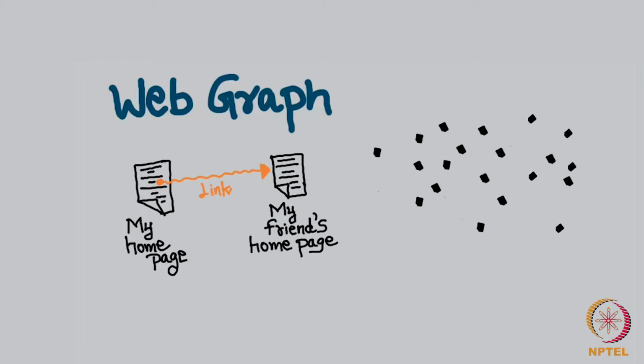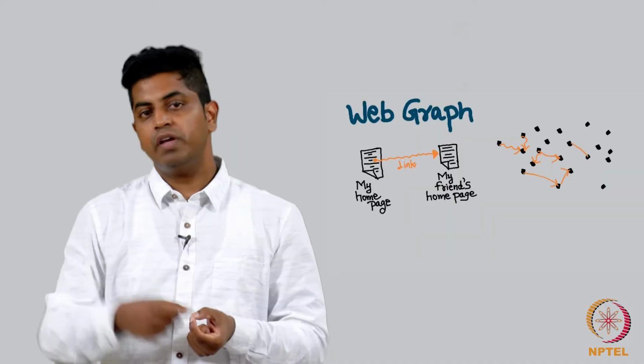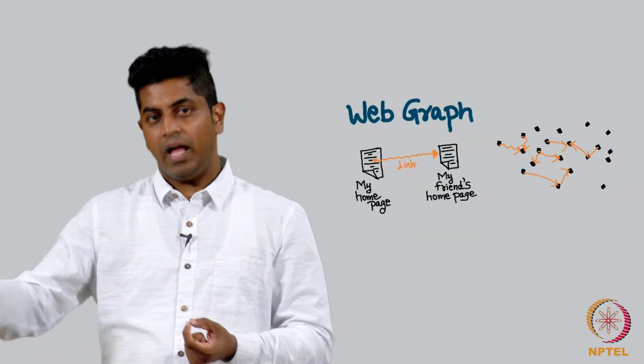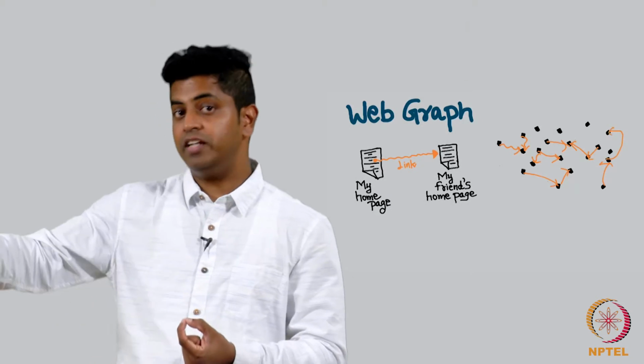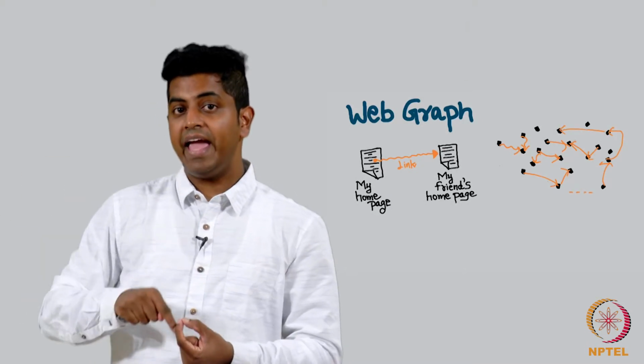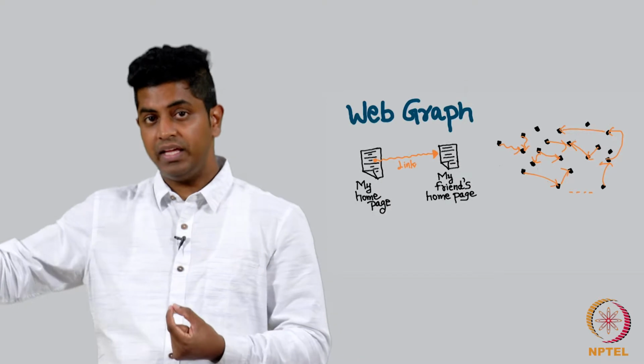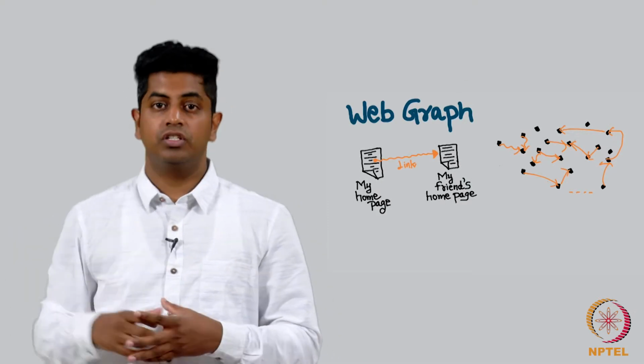So, take two nodes, means take two web pages, put an edge between them if one points to the other. So, my home page is a node, my friend's home page is another node. I put an edge from my page to my friend's home page saying A, my home page, is adjacent to B, my friend's home page, and here is the edge.